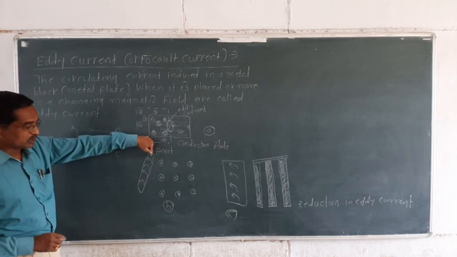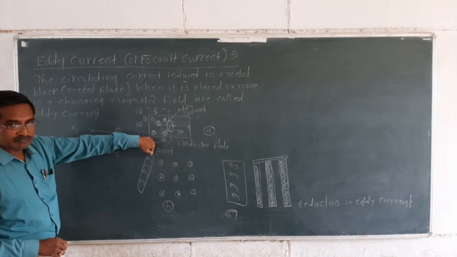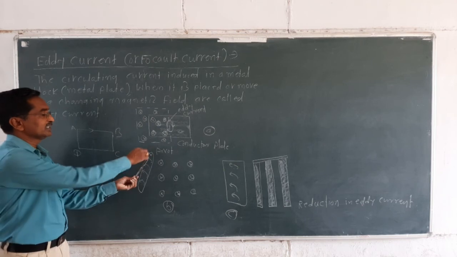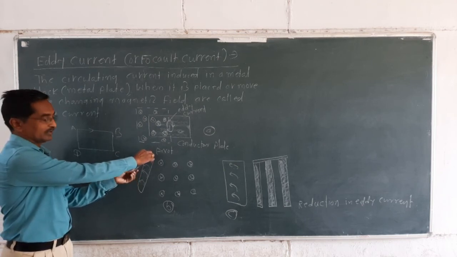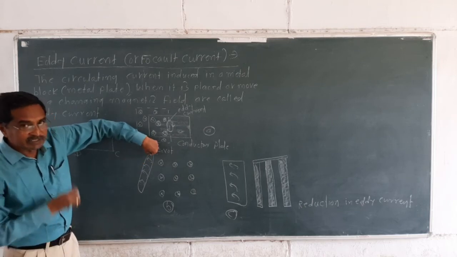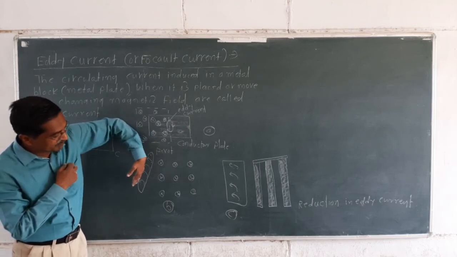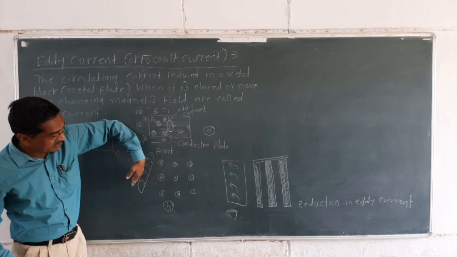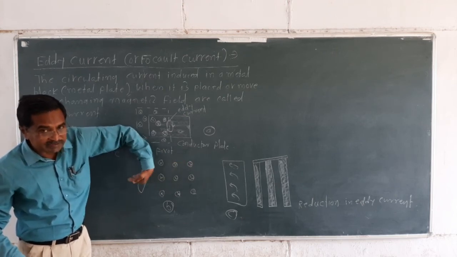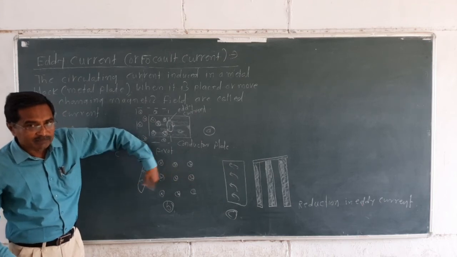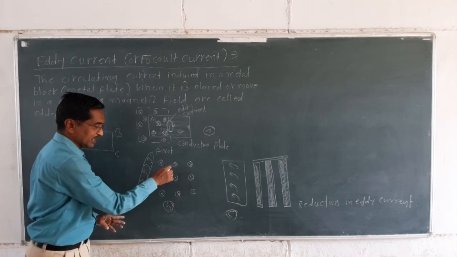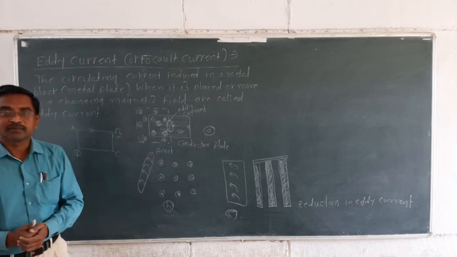Suppose that plate is pivoted here. Let's see how it works: suppose this is the plate, and it is pivoted here. So the plate is pivoted here. Now when you release it, that plate moves forward and back in this magnetic field, which is perpendicular to the plane.